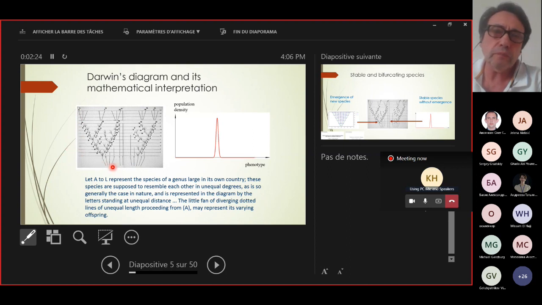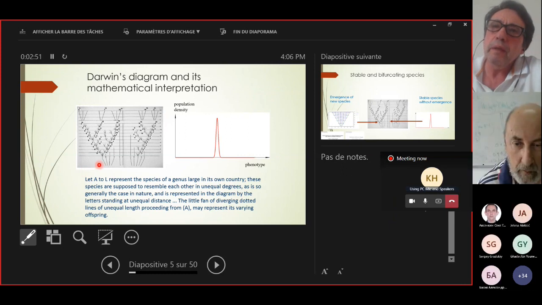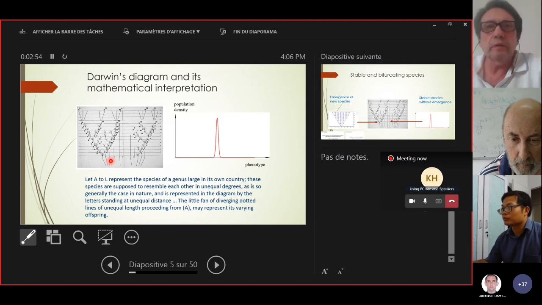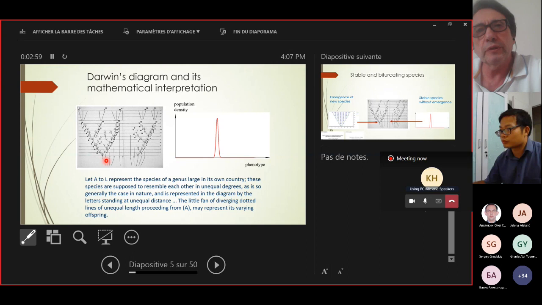This diagram shows how these species, meaning lines, evolve, and there are many things that can happen with them. It's very interesting to analyze this diagram because it explains how Darwin thought about the whole living world, its evolution, and it's not only natural selection or emergence of species, because Darwin explains the emergence of species due to natural selection.